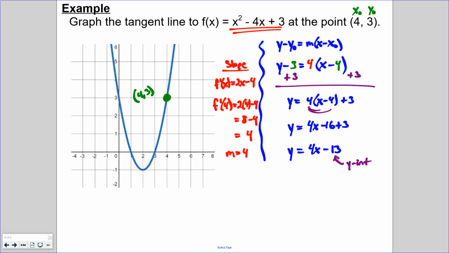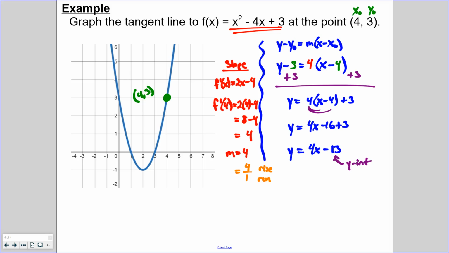All we need in order to graph a linear line is a starting point, which we have of 4, 3, and a slope. Because we know that slope is rise over run. So I can rewrite 4 to be 4 over 1. That means I'm going to rise up 4 and run over 1.